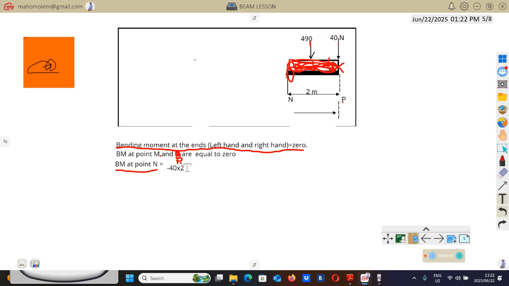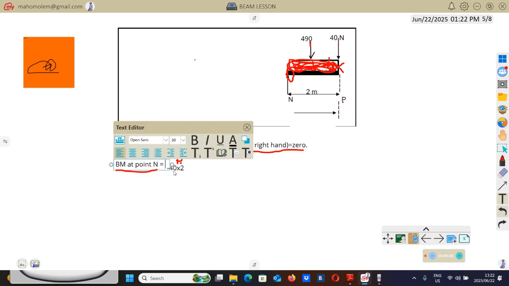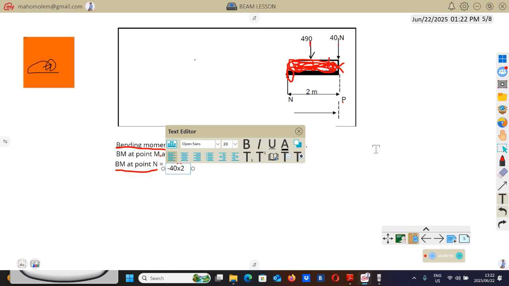Then when you calculate the moment, you just take those forces multiplied by the distances. We are not done with calculating the moment, since we are going to have two moments here, since we have two forces. The other moment will be from that force of 490. Since it tends to bend this thing downward, or is acting down, it will be minus, then we'll say 490 times the distance from N to that 490, which is going to be 1.